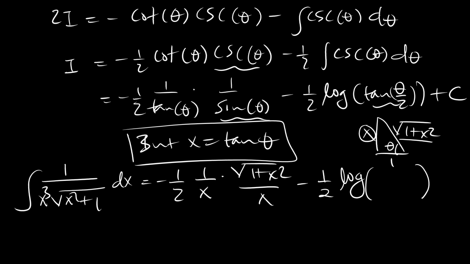So if tan theta is the same as twice tan theta over 2 over 1 minus tan squared theta over 2, what does that mean?